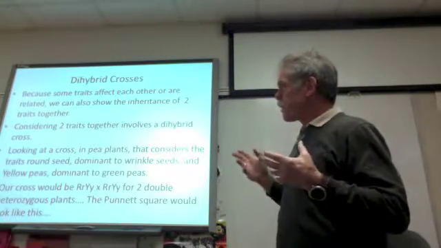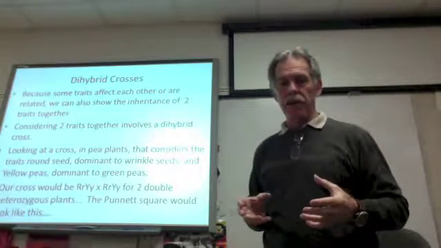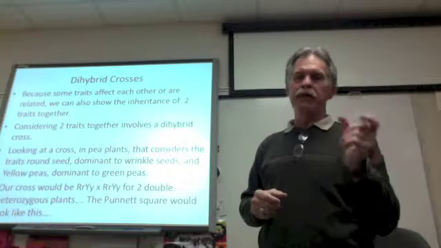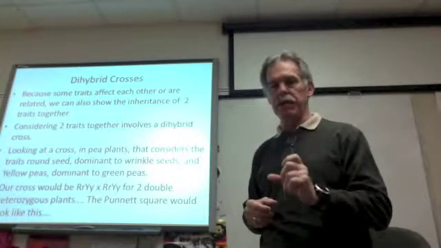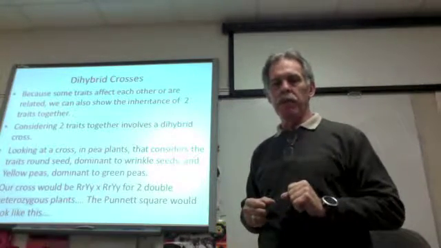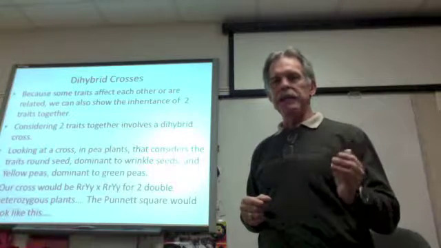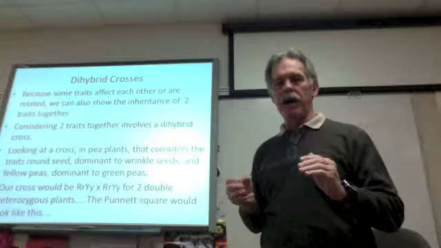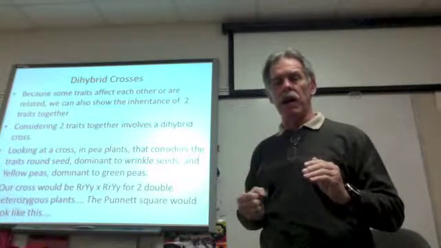So considering two traits together means that we are looking not just at big T, little t for tall, but we might be looking at big T, little t, and maybe talk about round seeds. Round is dominant in pea plants.